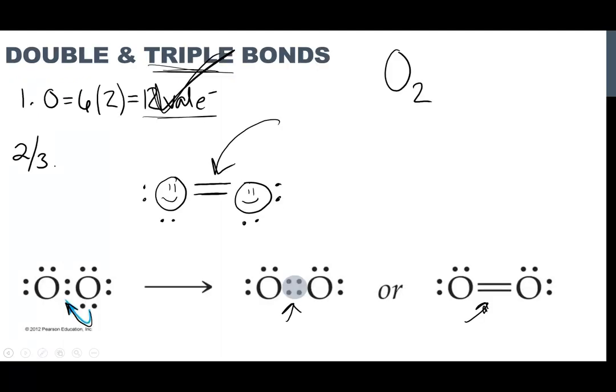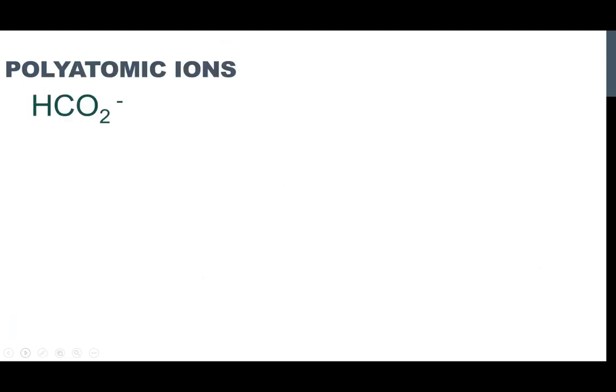Okay. All right. So the last little example that I want to talk about in the slideshow before I tell you guys to go off and practice is these polyatomic ions. So the first thing I want to do here is draw the Lewis structure for this polyatomic ion. So the first thing I'm going to do is what I do for every other Lewis structure.